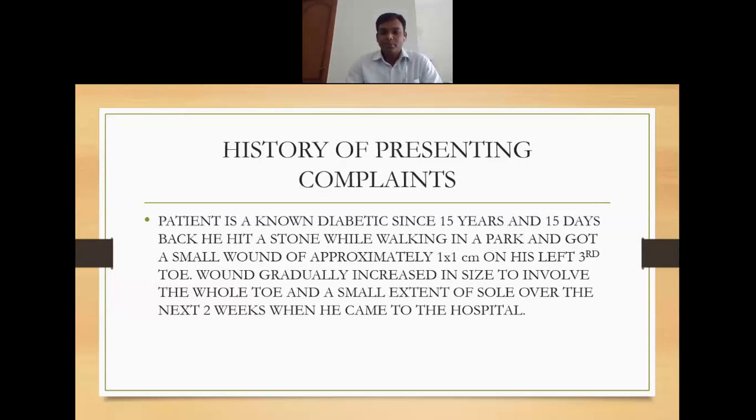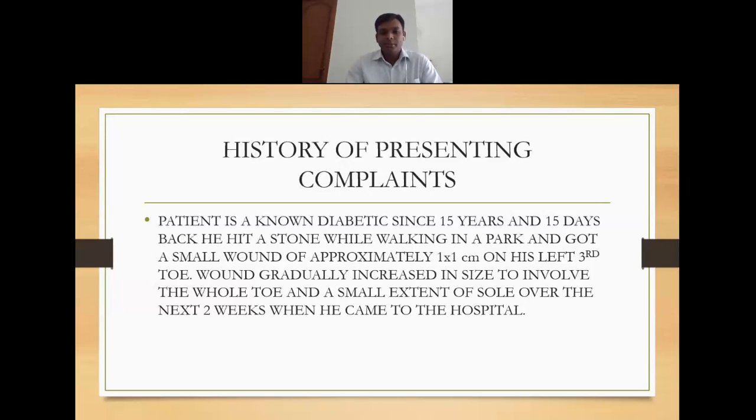So the patient was asymptomatic, then he developed an ulcer. And see, you have written that he hit a stone while walking in a park. Das tells you to tell it in the patient's own words, but are you really telling the patient's own words? It's not like that. What it means is, do not use complicated medical words. The history should be as simple as possible.